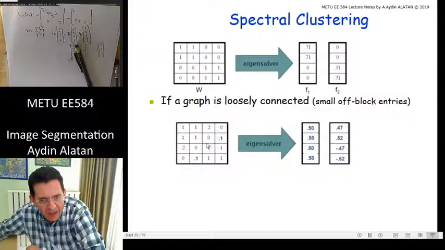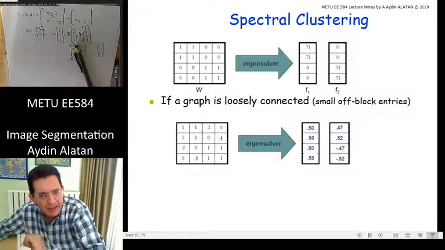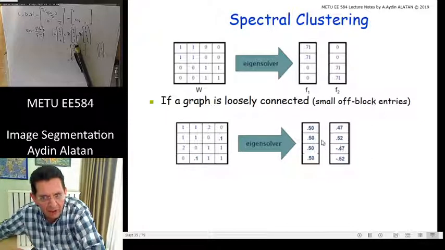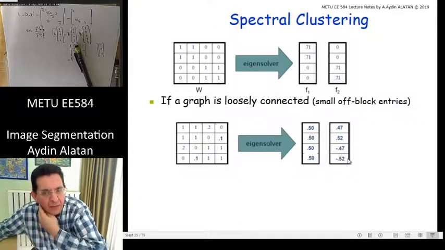Now for these, positive, negative, positive, negative. They are signaling to us that the first and the second node belong to one cluster, with similar values, and similarly here. Not exactly like positive, 0, 0, positive, but positive, positive or positive, negative, they are giving us some information.